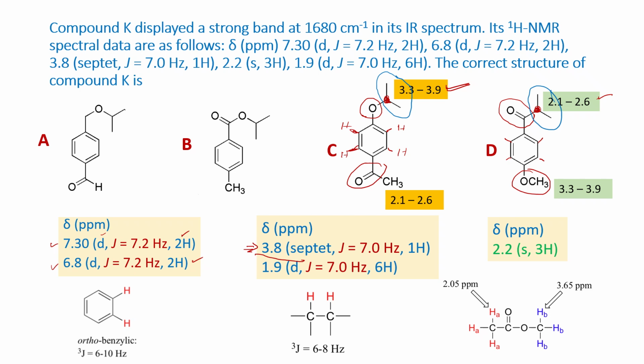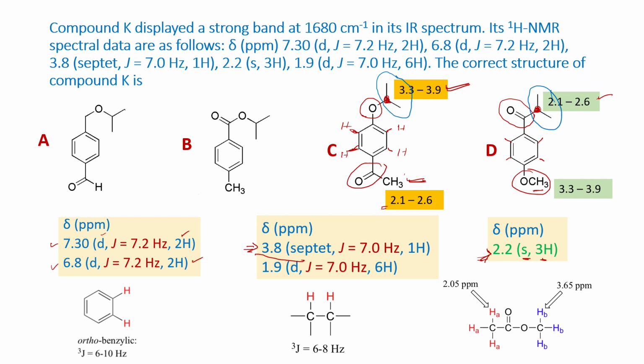Similarly, let us go see the carbonyl group at the bottom. Here we see the methyl group must be at around 2.1, and because it does not have a neighboring proton, there is no splitting and it will be a singlet, due to 3 protons.